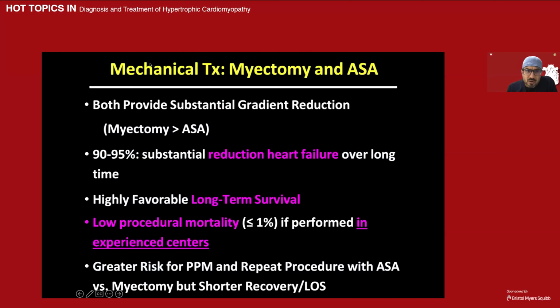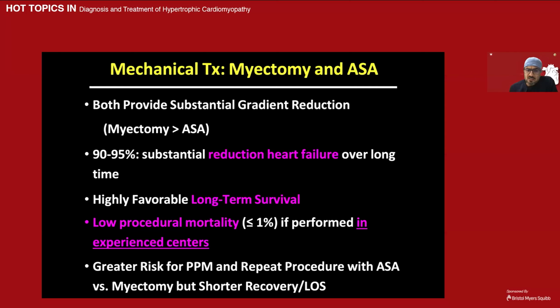For surgical reduction therapy, we have myomectomy and alcohol septal ablation. We know that both of these therapies provide significant gradient reduction, 90 to 95% reduction of heart failure symptoms over the long period of time, highly favorable long-term survival, and low procedural mortality of less than 1% if performed in an experienced center.